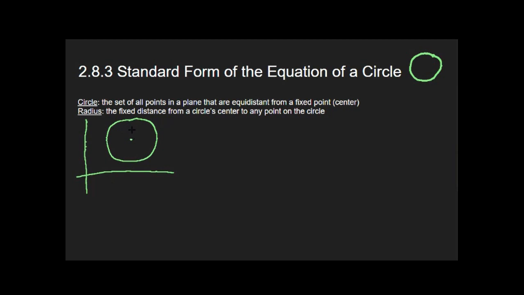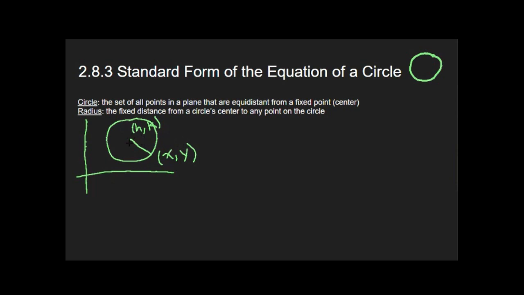Now we can say that the center is at the point H, K, giving the location of the center an x and a y coordinate. And we can also say that if we took a line and connected it from the center to a point on the circle, that would also have a coordinate pair, an x and a y.